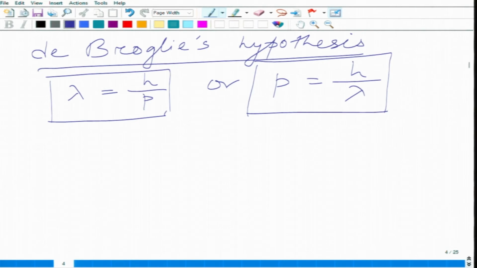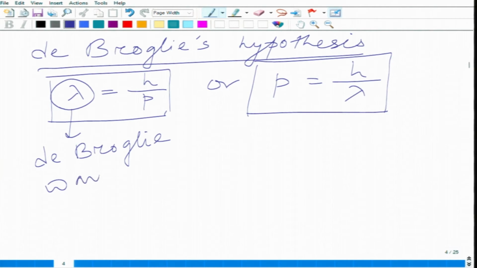Now, this lambda is known as De-Broglie wavelength. This is the wavelength of a moving particle.